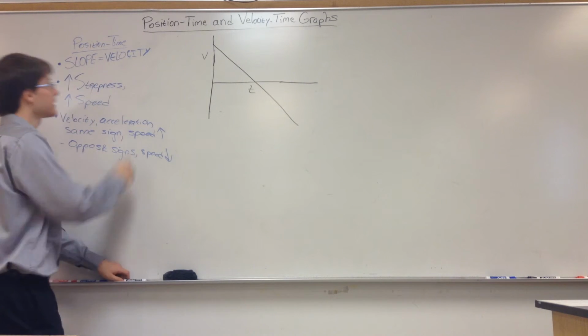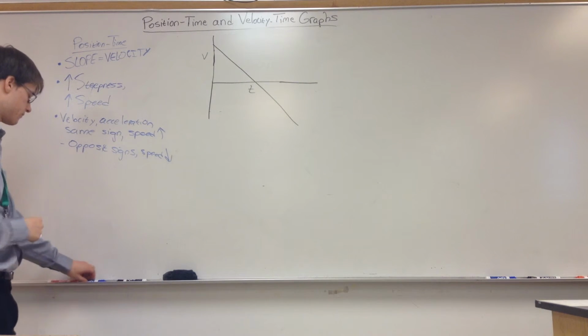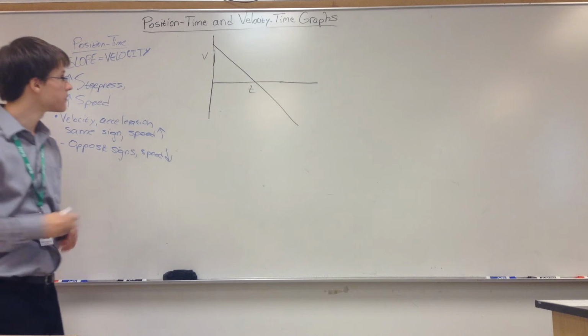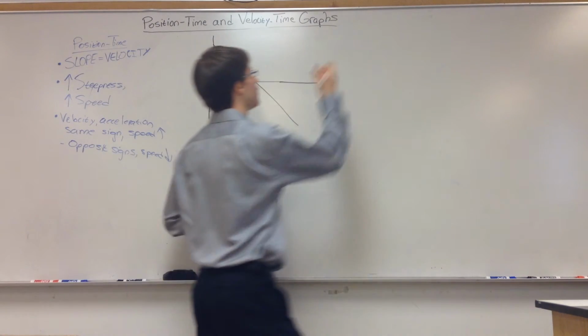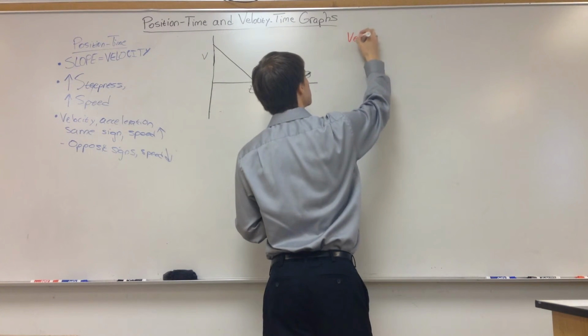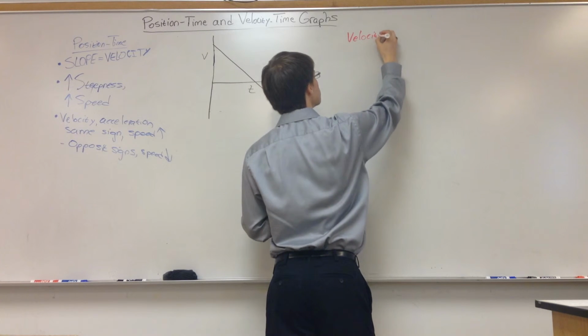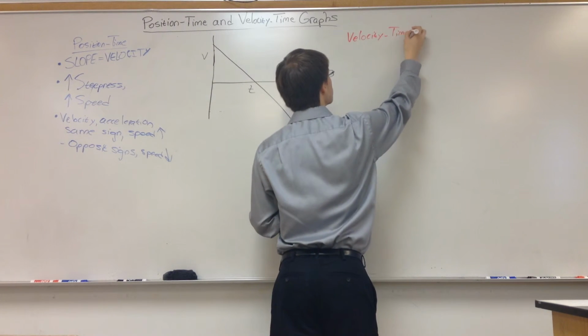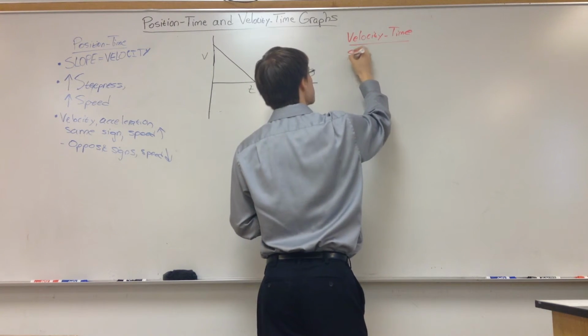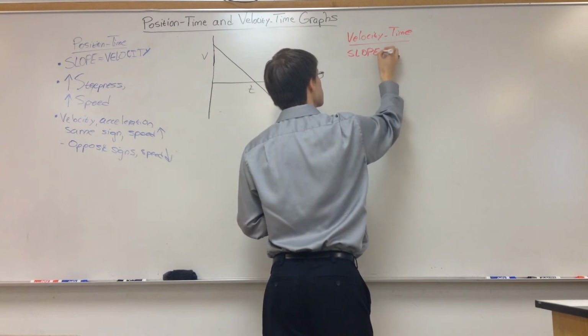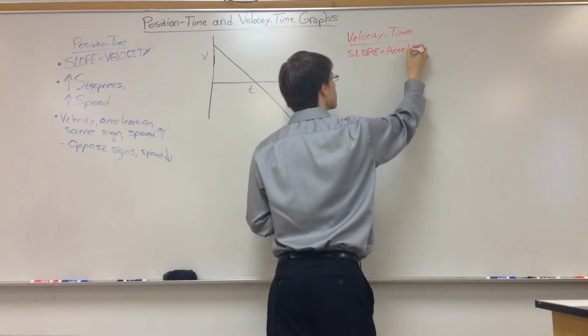So just like the slope of a position time graph was velocity, the slope for velocity time graphs, slope equals acceleration.